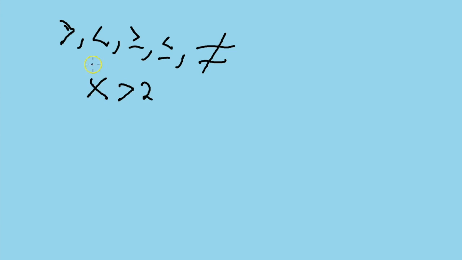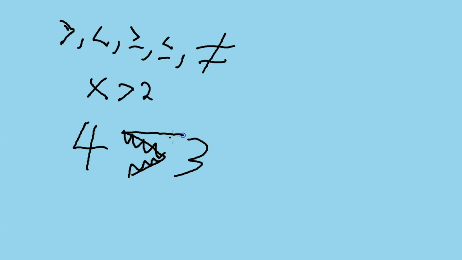So, if you're wondering how you can distinguish which sign means greater than and which sign means less than, you can think of this little trick. Imagine that the sign is a shark, okay? And the way it's facing means that it's going to eat that number. It's going to eat the 4. Oh no. Anyway, the shark obviously wants to eat the most that he can eat, so he's going to eat the greater number.